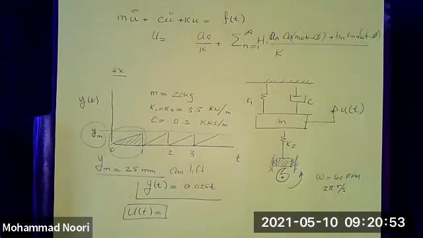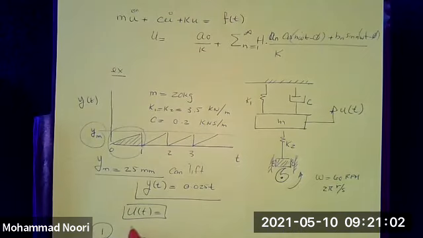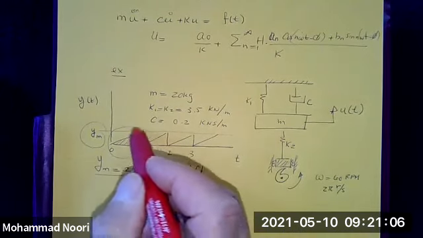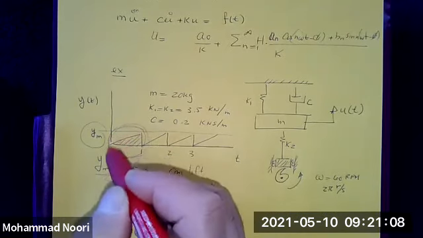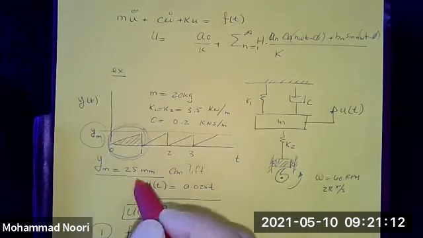When we have a periodic excitation, there were two steps involved. You remember that? Step number one, to set up the forcing function for the first period of this excitation. We have the displacement function given.